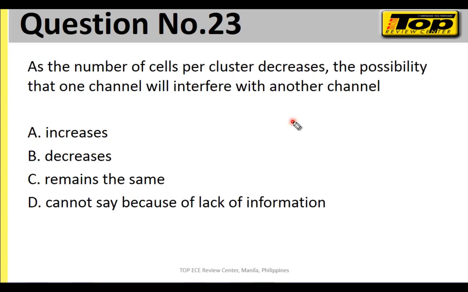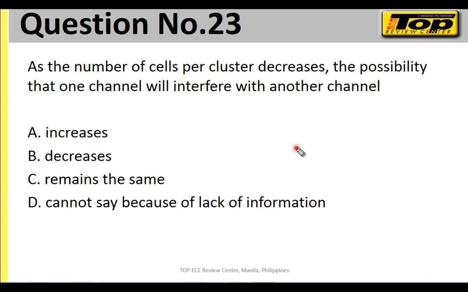Okay? Question number 23. As the number of cells per cluster decreases, the possibility that one channel will interfere with another channel increases, decreases, remains the same, or cannot say because of lack of information. Okay? So, ano ba yung cluster muna?